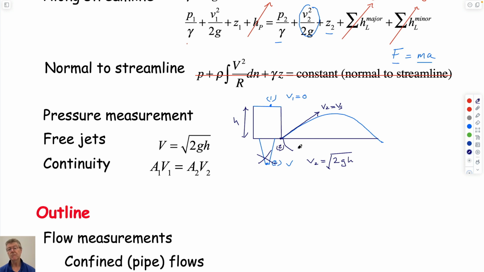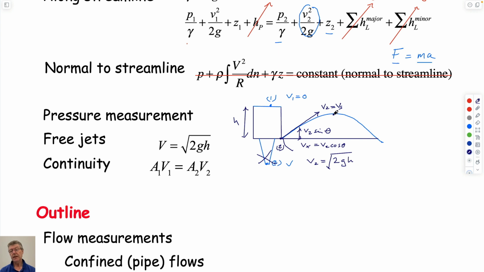We know that this has a component which we talked about last time, which is a velocity in the x direction, v2 cosine theta, and v2 sine theta. If we want to know something about how high this gets, we can write between this point and this point.